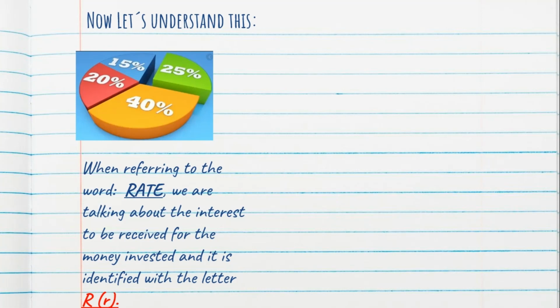When referring to the word rate, we are talking about the interest to be received for the money invested, and it is identified with the letter R. I repeat, when I am talking about rate, I am talking about the interest to be received for the money invested. So when we are talking in the formula about the rate of the investment, think of the interests. The letter to identify the rate is the R, whether capital letter or lowercase letter.